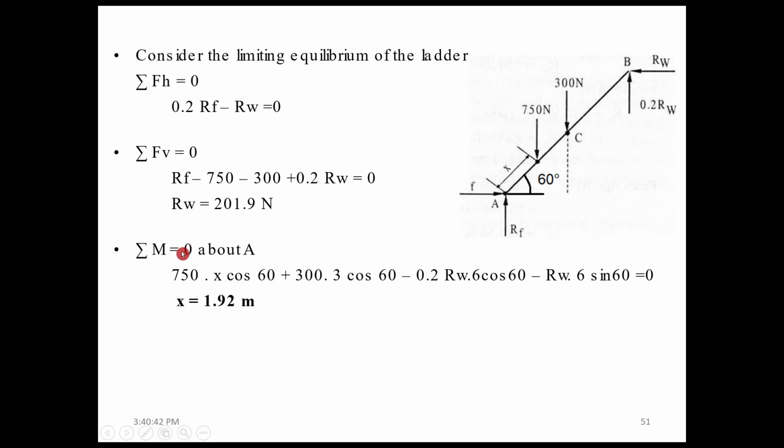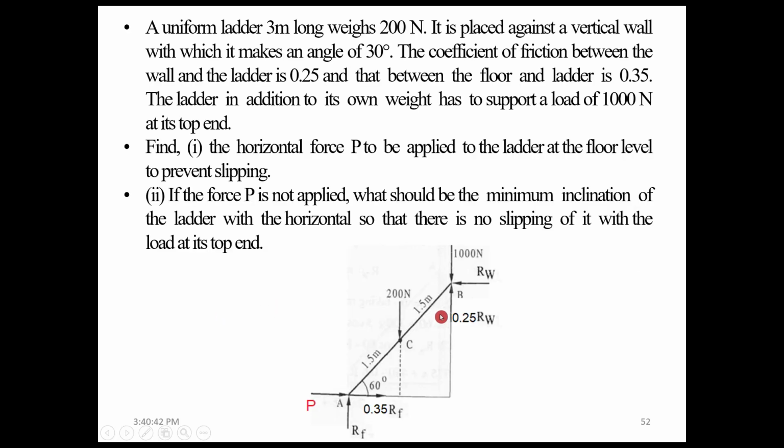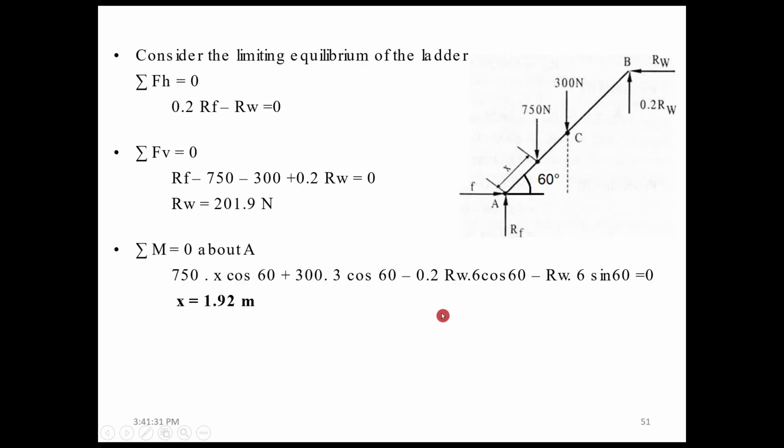And sigma moment about A we take as previously, and on that condition we can find the distance x required to disturb the equilibrium, which is x is equal to 1.92, which is the required answer for the problem.